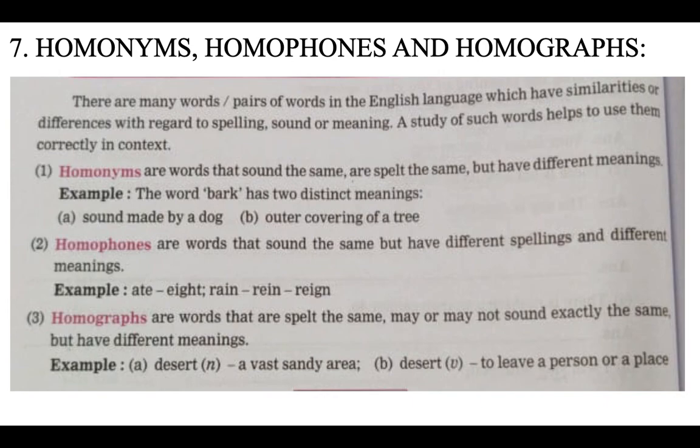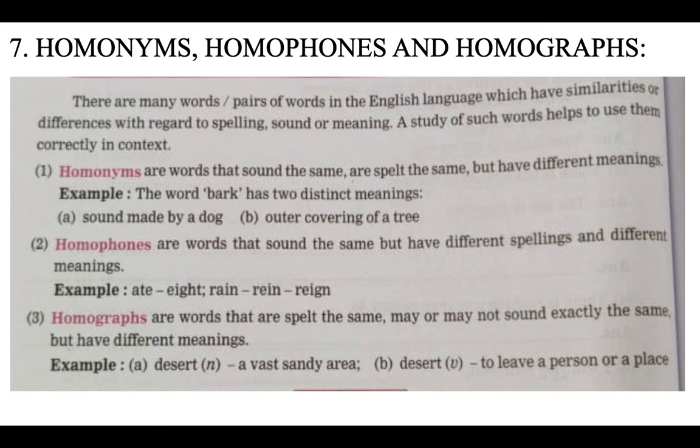For example, desert, a vast sandy area. We say Rajasthan is a desert area. But desert also means to leave a person or a place. So we say that this is a deserted area, meaning there is no one around. So even though they have the same spelling, they may or may not have the same sound, and they have completely different meanings.